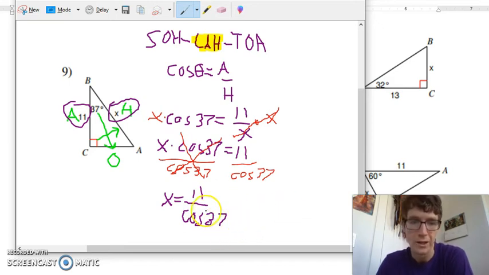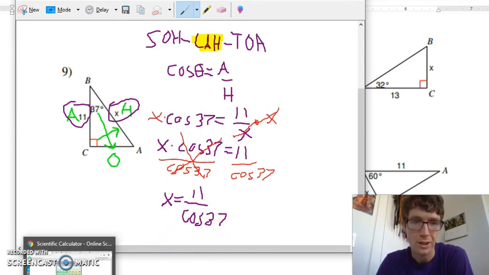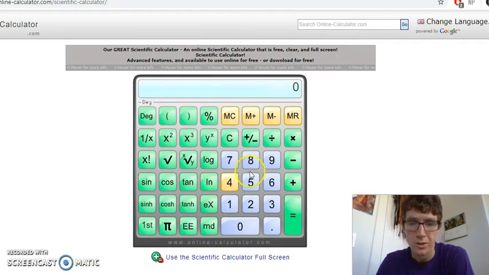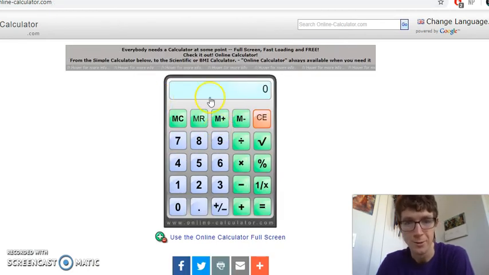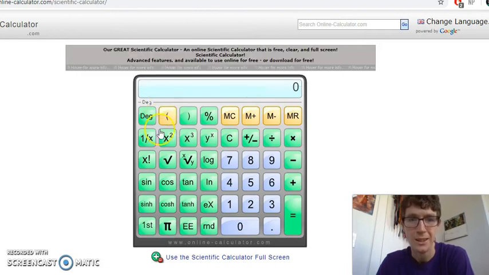Okay, so now all we got to do is go to our calculator and figure out what the cosine of 37 is. To get this, remember we got to flip our phone sideways. You might start off with your phone like this, you flip it sideways, you get something like this. Okay, so cosine of 37. Let's put in 37, hit the cosine button. We get 0.798.